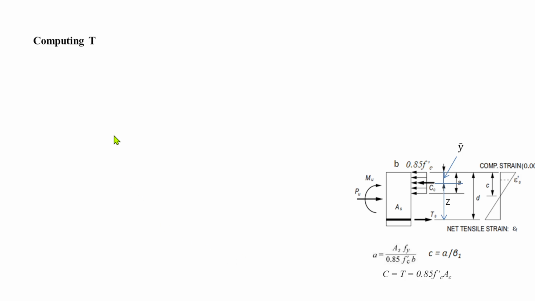The next step is to compute the value of the tension force. Here in the diagram are all the parameters that we are going to calculate later on. The value of C is equal to T. Since we haven't checked the location of the value of a, we just express this in our equation as Ac, which means the area of the concrete required in compression stress.